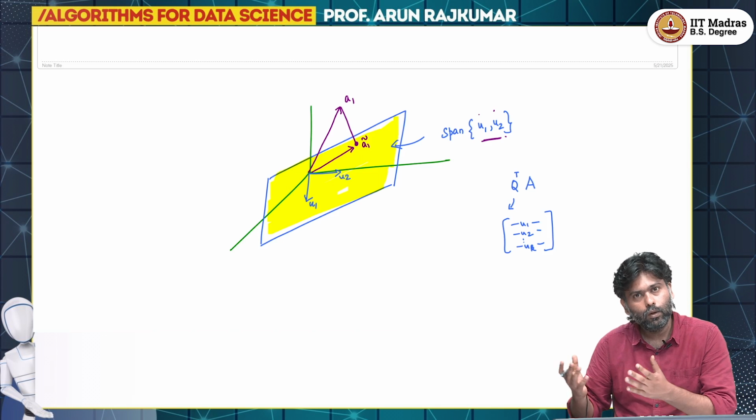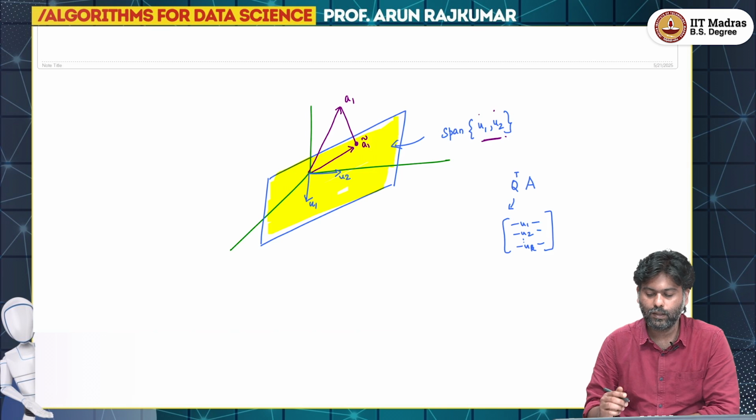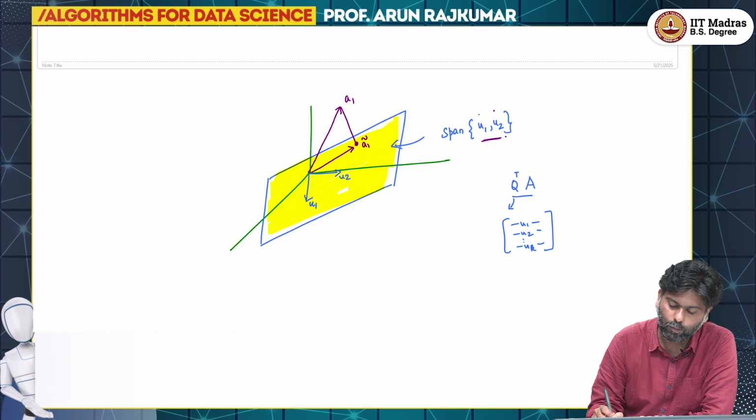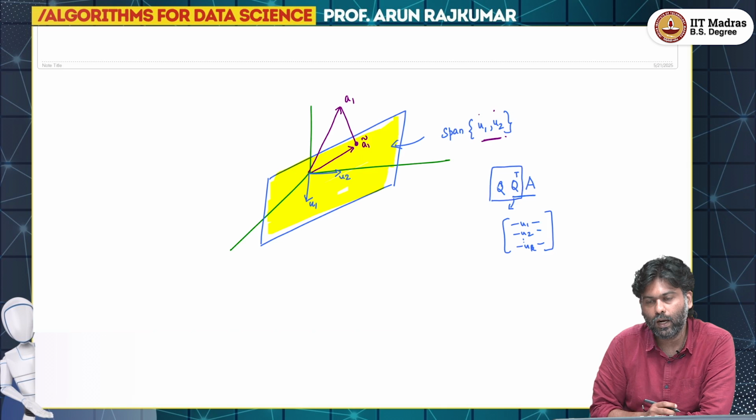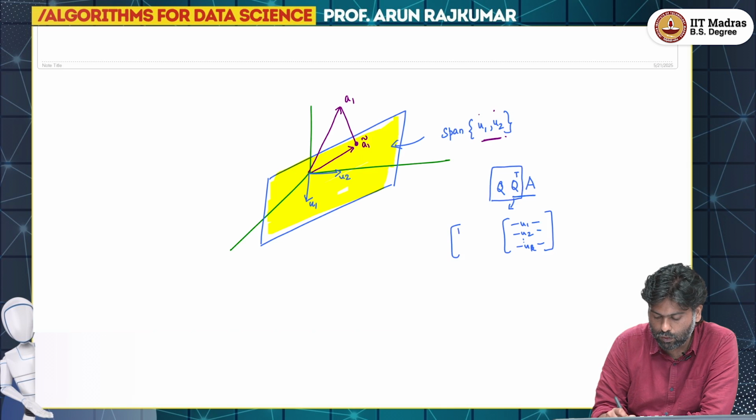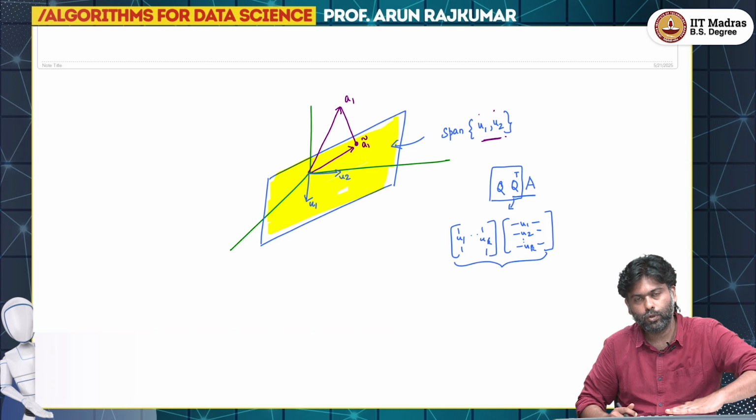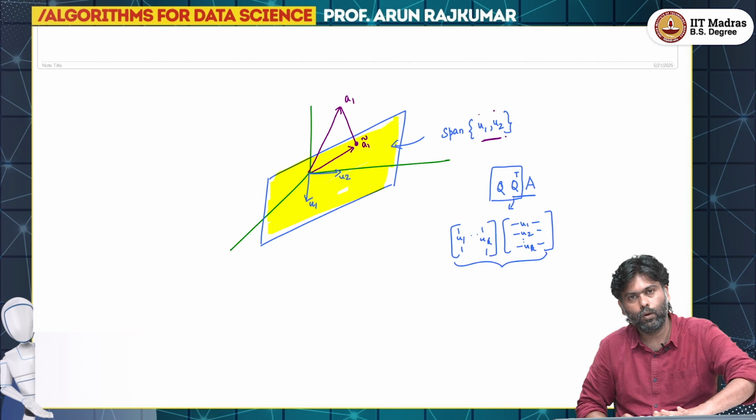But do we really need U1 to UK? What I'm going to do is the SVD of this and then pre-multiply it by Q, which means effectively I'm doing QQ transpose, which is U1 to UK, which means this matrix is just a projection onto this low-dimensional subspace given by U1 to UK.